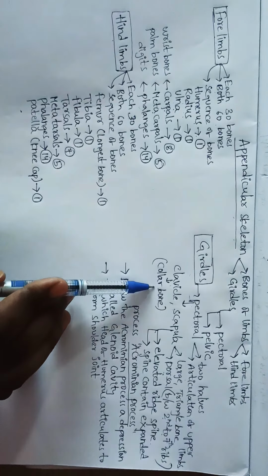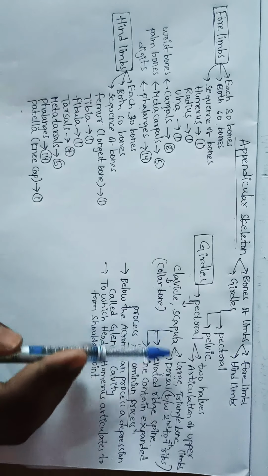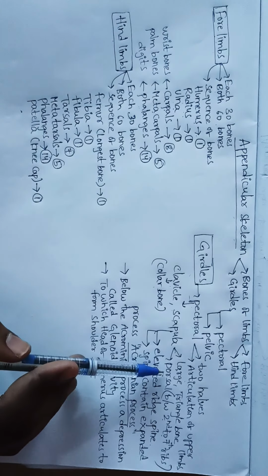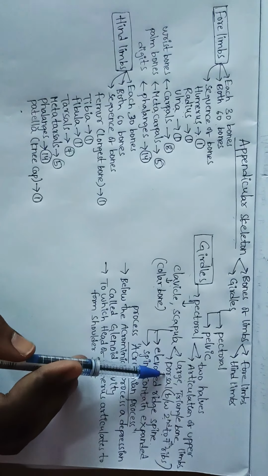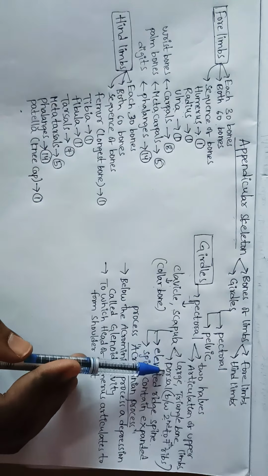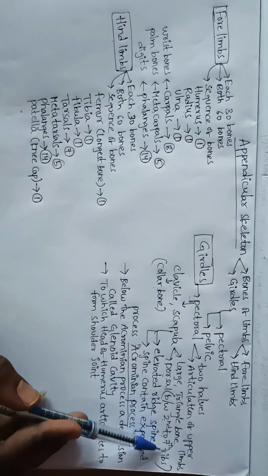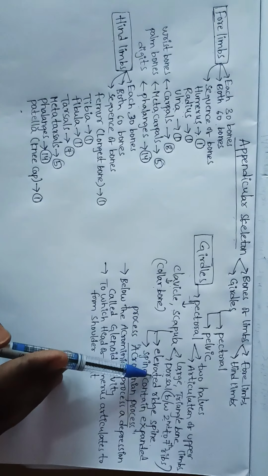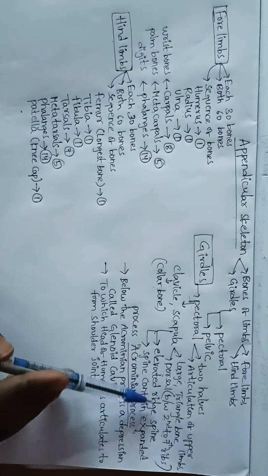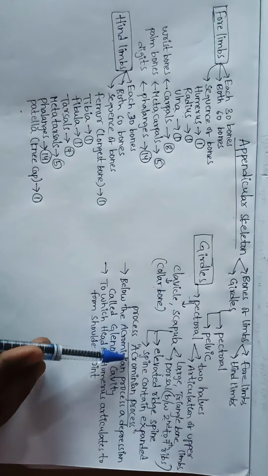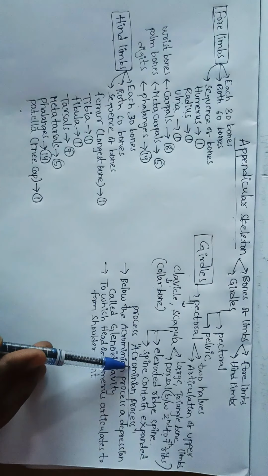Clavicle is collarbone. Scapula is a large triangular bone located on the dorsal side of thorax, between the second to seventh rib. Scapula contains an elevated ridge called spine. Spine contains an expanded process called acromion process. What is acromion process?